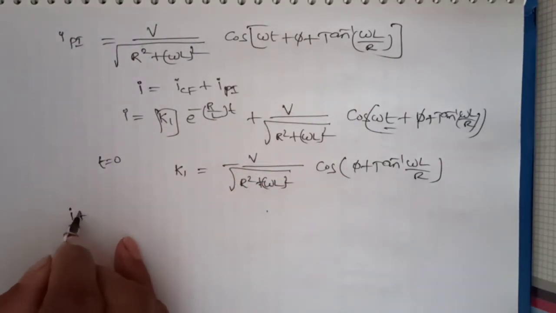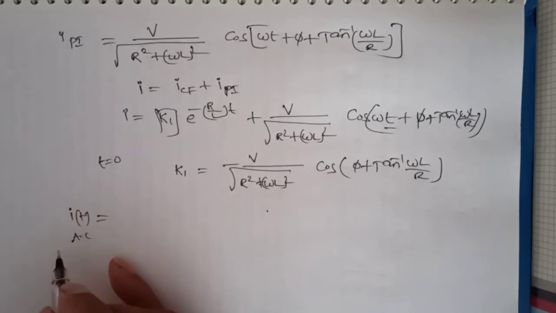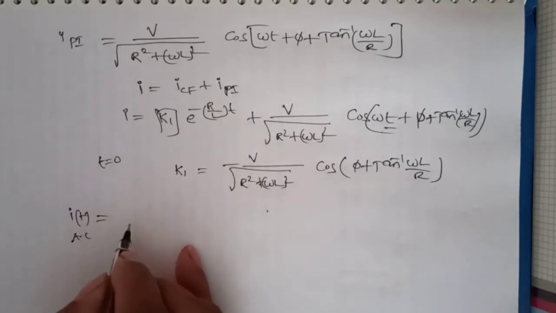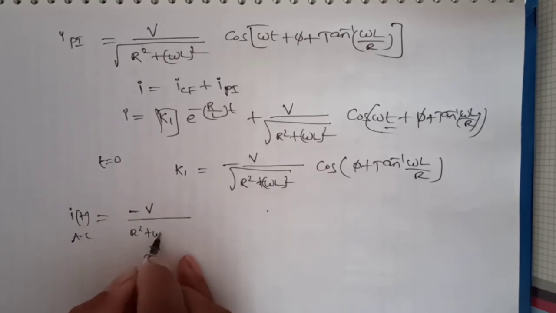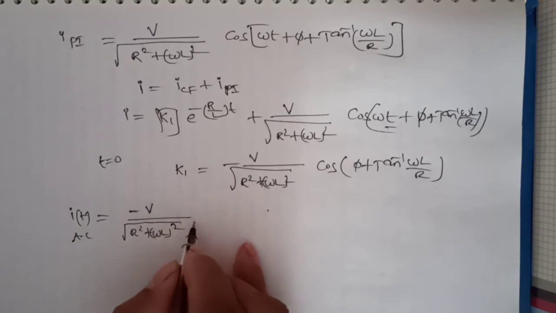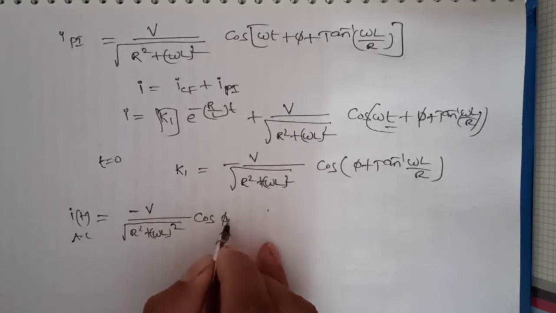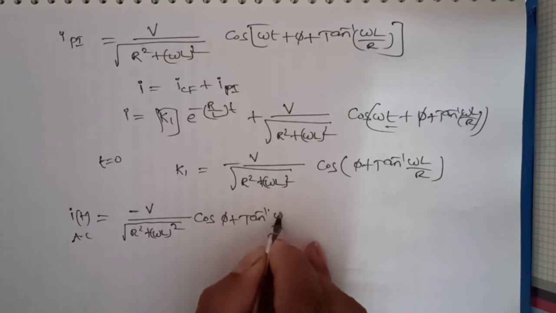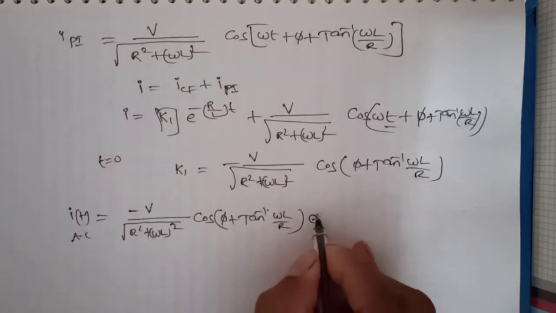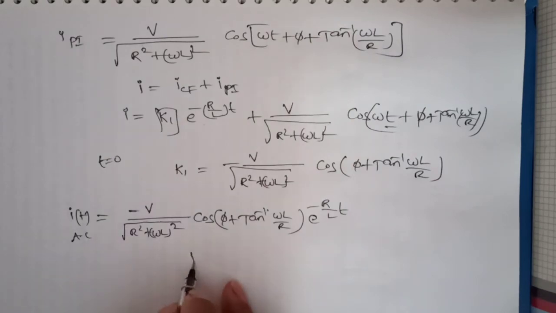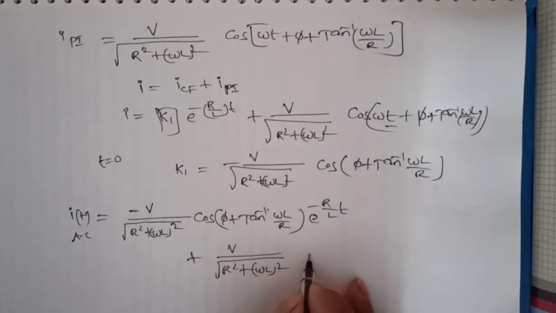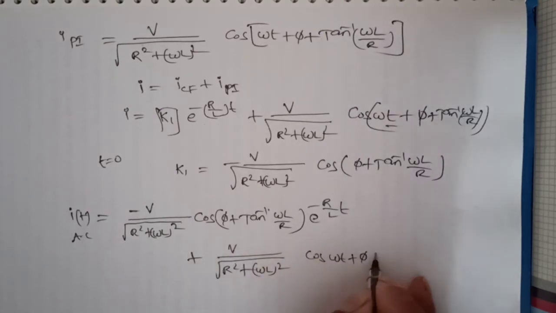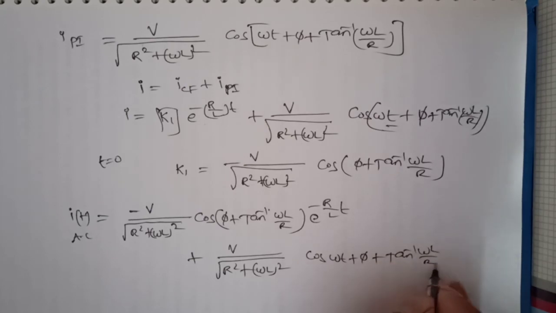Then the complete solution I of t for transient analysis of series RL circuit for AC excitation is, in the place of k1 we have to substitute minus v by square root of r square plus omega l whole square cos of pi plus tan inverse omega l by r into e power minus r by l into t is one term, plus as it is this equation continuation, v by square root of r square plus omega l whole square into cos of omega t plus pi plus tan inverse omega l by r.